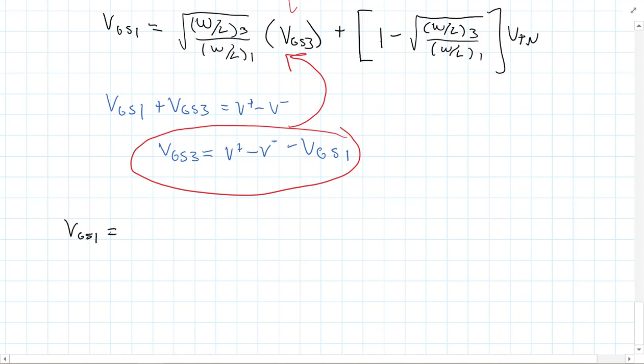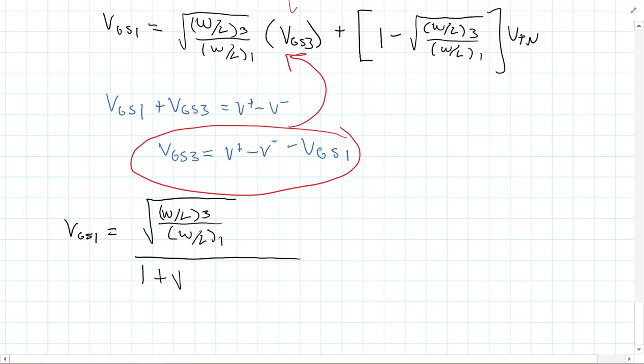VGS1 is then going to be equal to the square root of W over L of the third, so I'm skipping all the steps of the algebra here, W over L of the first, divided by 1 plus the square root of W over L of the third divided by W over L of the first. Here, let me write that square root a little bit better.